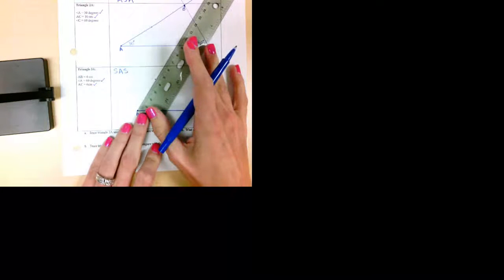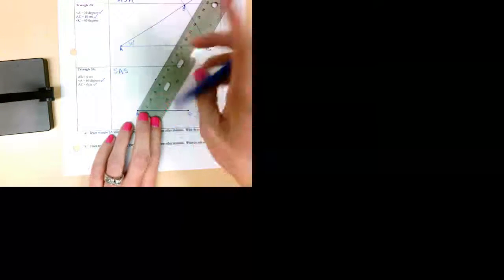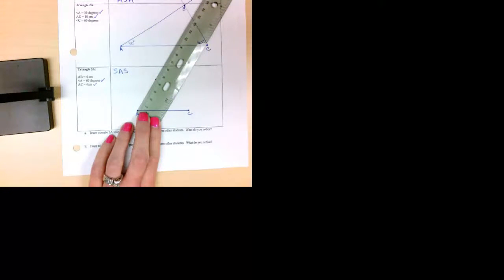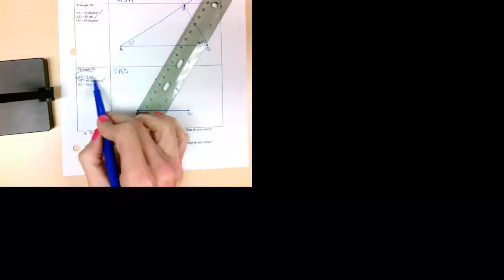For side, angle, side, we are told that side AB is 4 centimeters. So we know that when we lay a ruler down to connect this dot with this dot, we don't have to draw an extremely long line like we did on the top problem. Here we know this segment has to be 4 centimeters long.